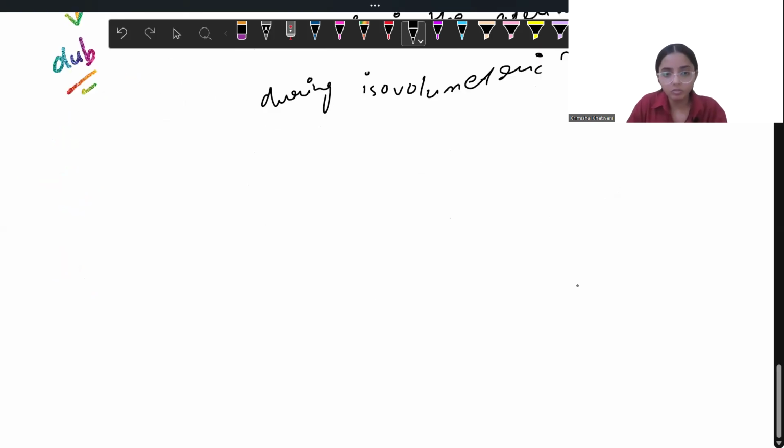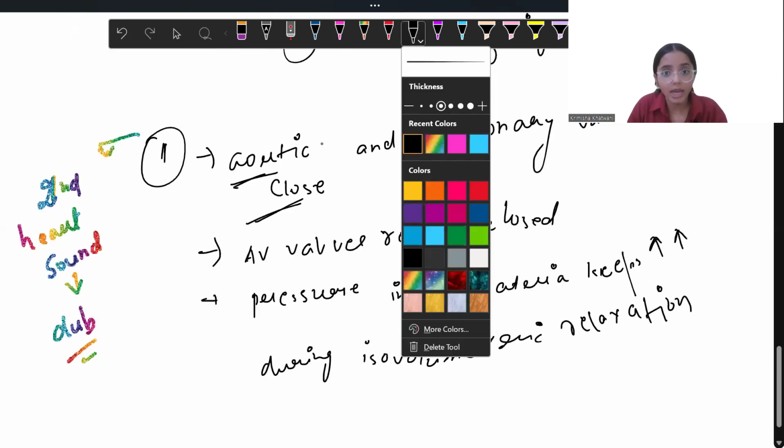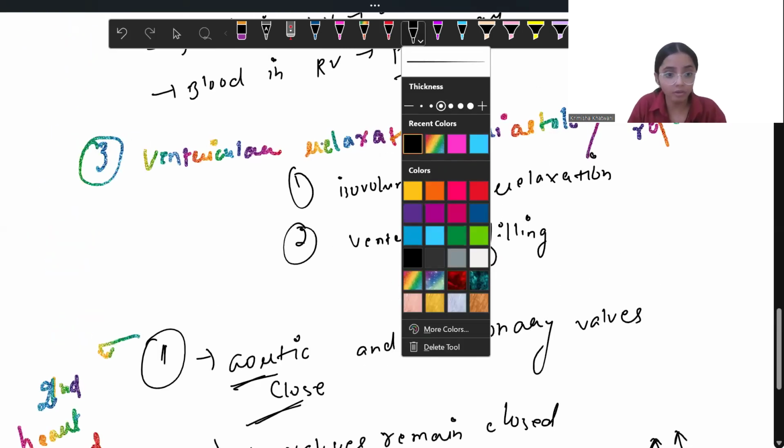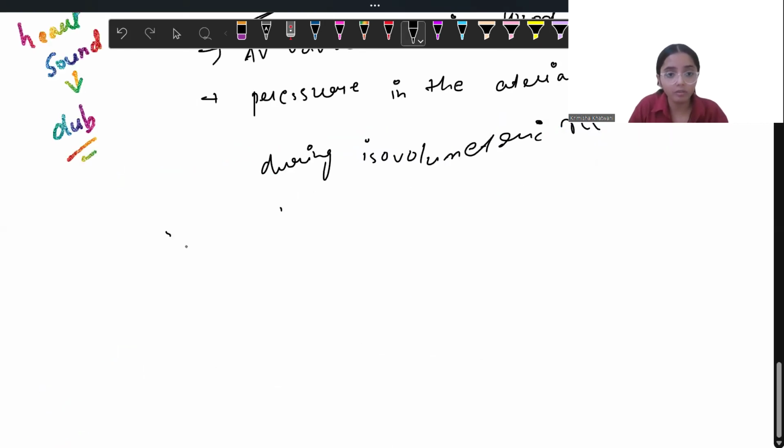Now, this is what happens in isovolumetric relaxation of ventricles.